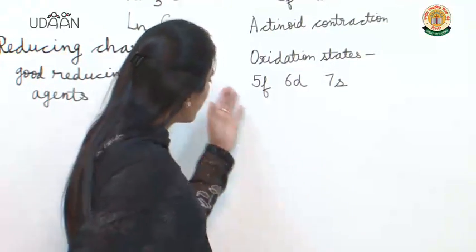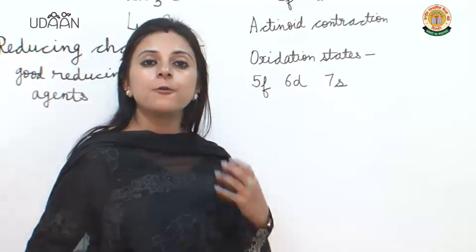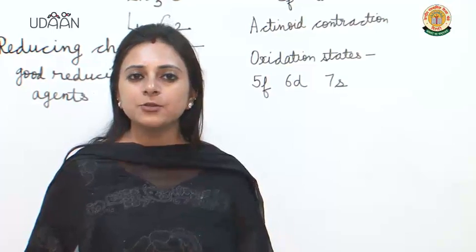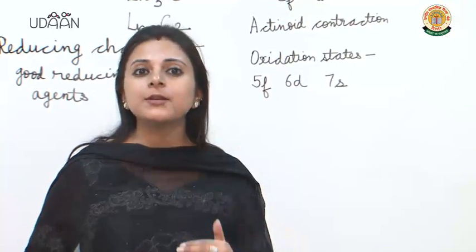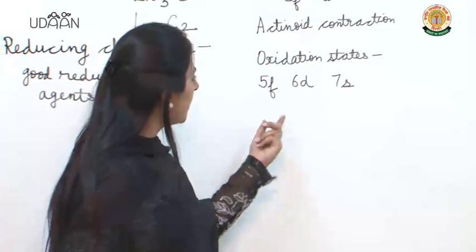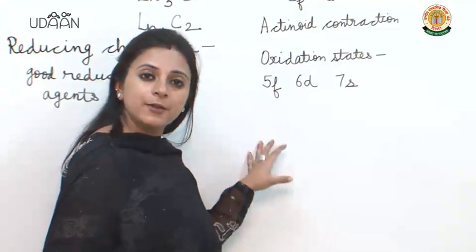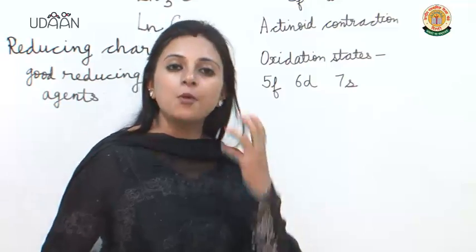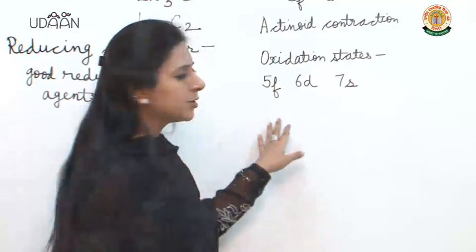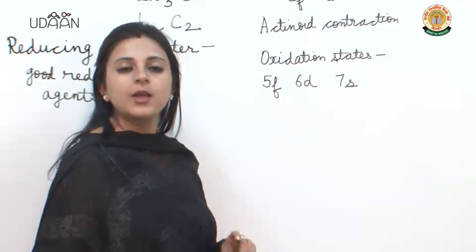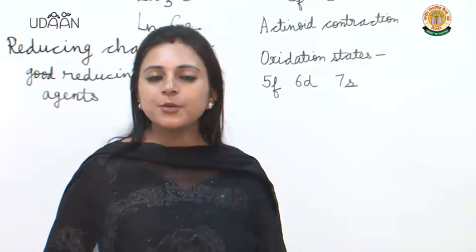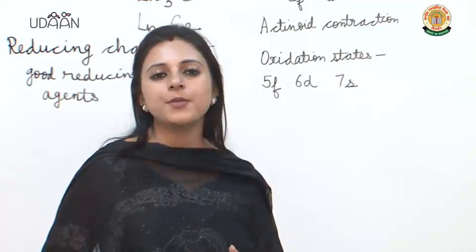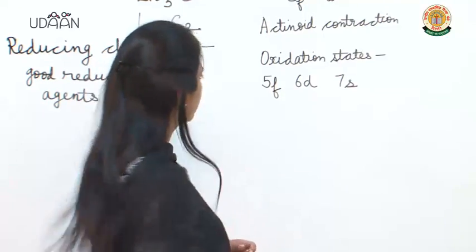Now, when we compare the participation of 4f electrons and 5f electrons in bonding, 4f electrons are deep seated as compared to 5f electrons. So, 5f electrons can participate more in bonding as compared to the 4f electrons. So, that is why actinoids exhibit larger number of oxidation states as compared to lanthanoids.